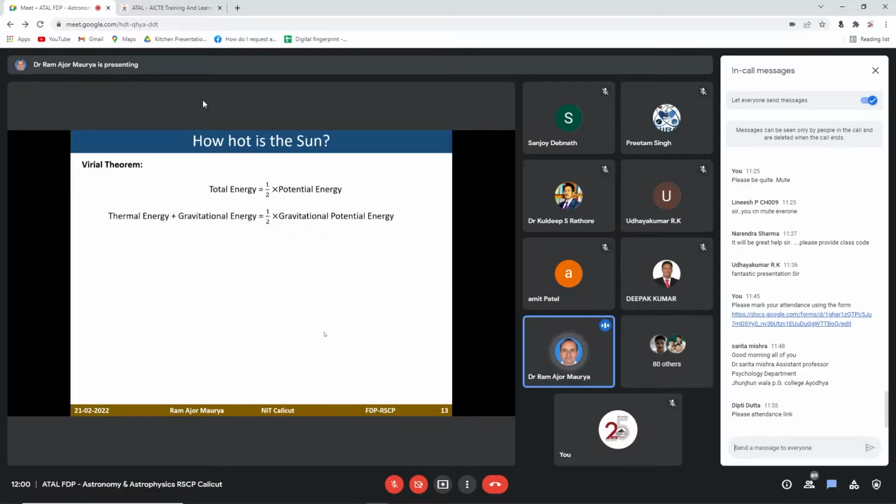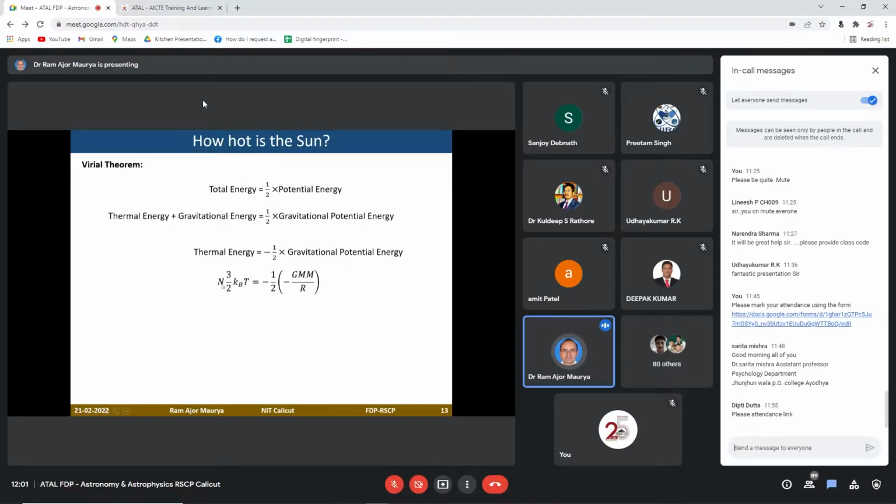So the total energy is the thermal energy plus gravitational energy, and this can be expressed as half of the gravitational potential energy. On the left hand side we have the full gravitational potential energy, which I'm going to take to the right hand side. Then it would be half gravitational potential energy, and the thermal energy we can write as n into 3 by 2 kT.